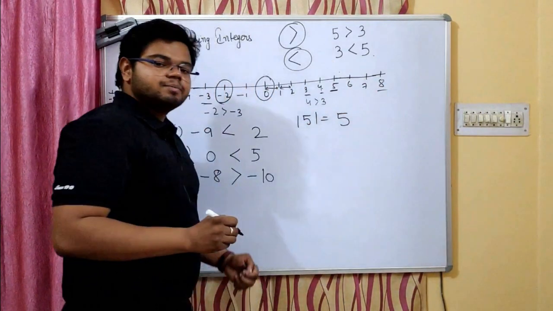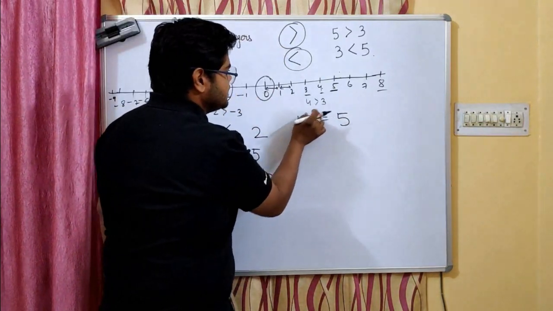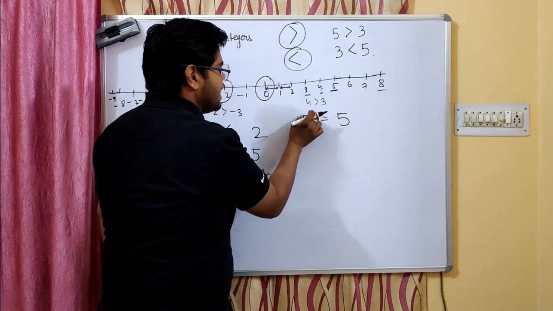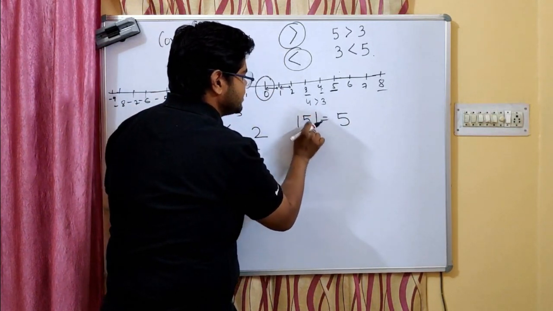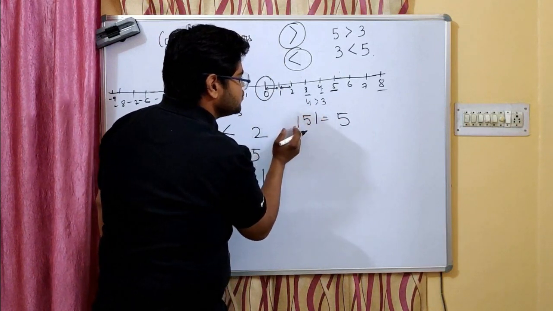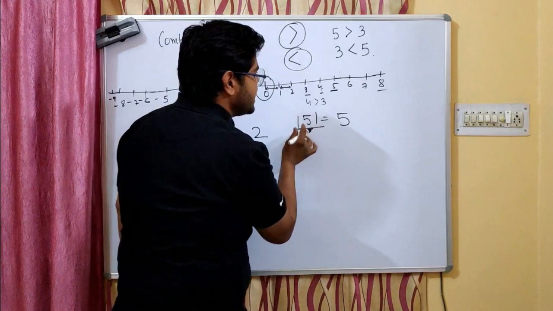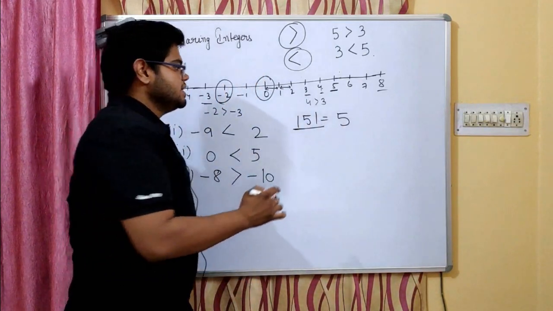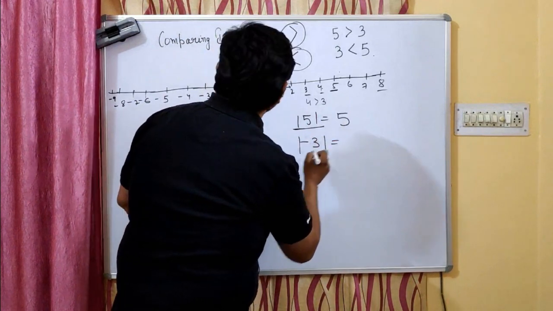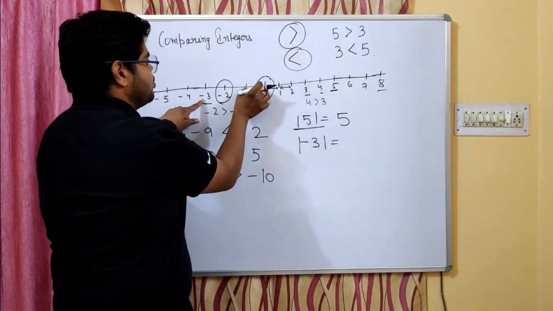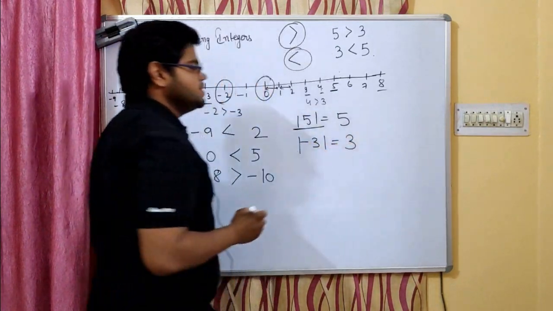And how do we represent absolute value? We write the number and draw two vertical bars towards the left and towards the right of the number. This means we are writing the absolute value of the number. If I had -3, I will count a distance of -3 from 0: 1, 2, and 3. So the answer will be 3.